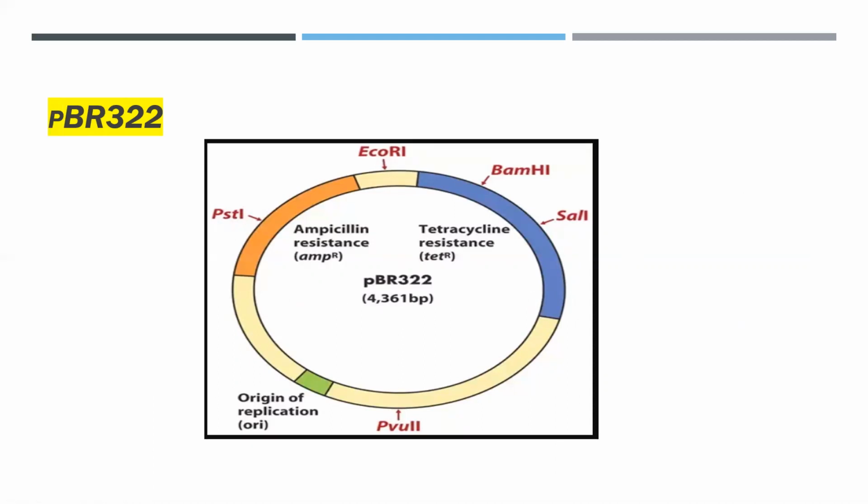pBR322 is a plasmid discovered by Bolivar and Rodriguez, who designed it as 322. pBR322 of E. coli is the most popular and widely used plasmid vector, and is appropriately recorded as the parent or grandparent of several other vectors. pBR322 has a DNA sequence of 4361 base pairs.